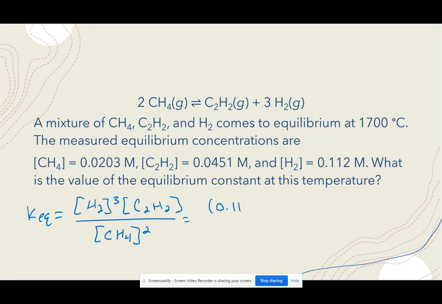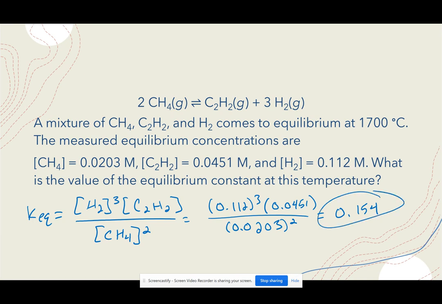So 0.112 cubed times 0.0451 over 0.0203 squared. When I calculate this, I get a value of 0.154. And again, no unit for that, so just KEQ is 0.154.